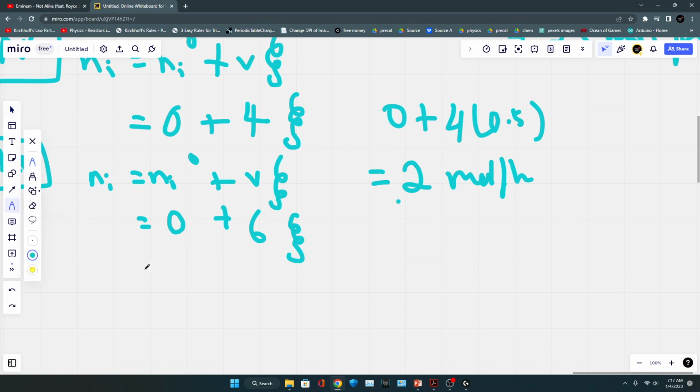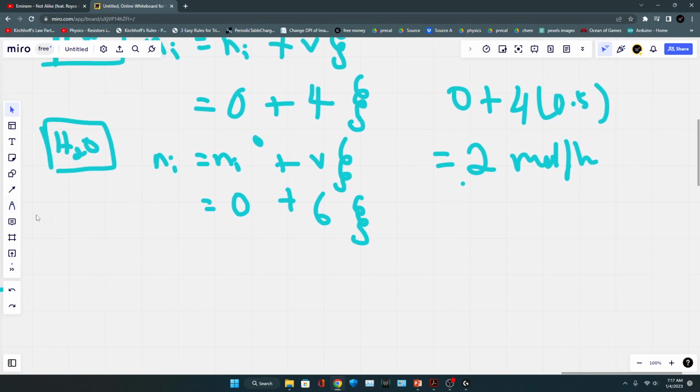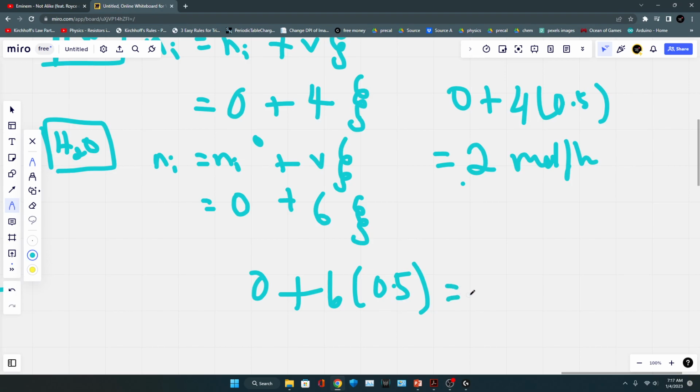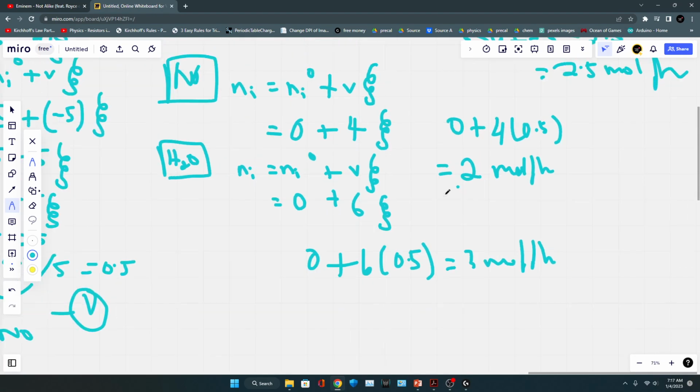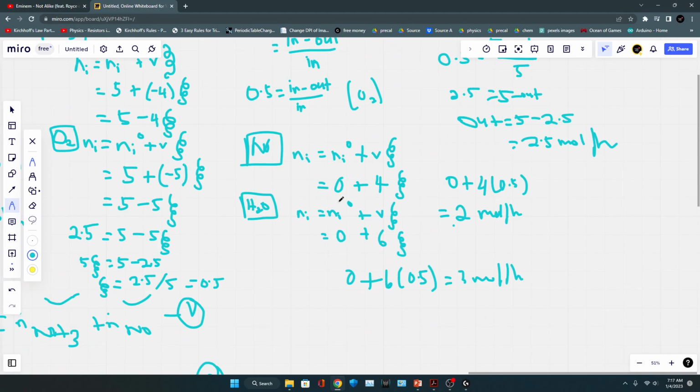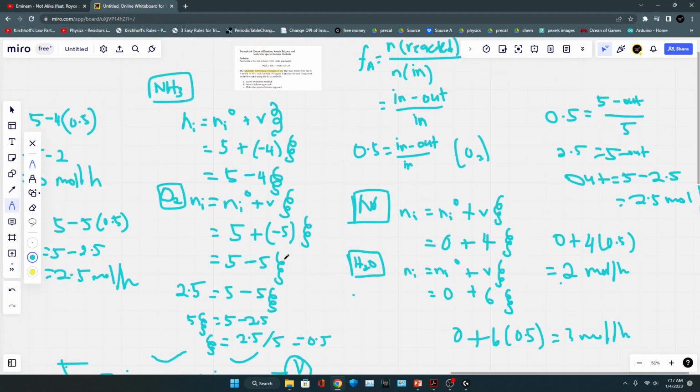And last but not least, we have 0 plus 6 multiplied with the value of xi, which is 0.5, so half of 6 is 3, so 3 moles per hour for water. So that's it. Those are the values of the outlet streams for water, nitrogen monoxide, oxygen, and ammonia.